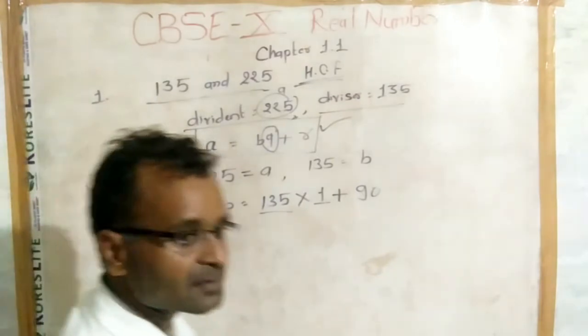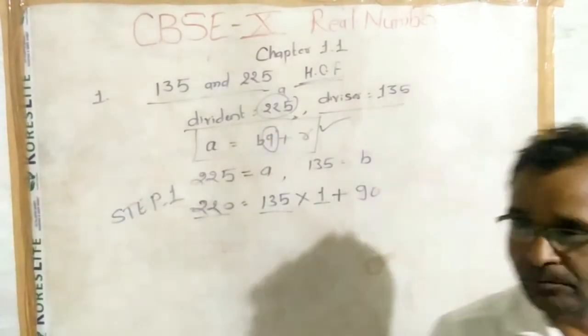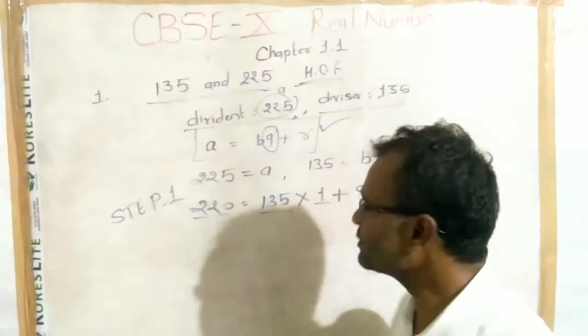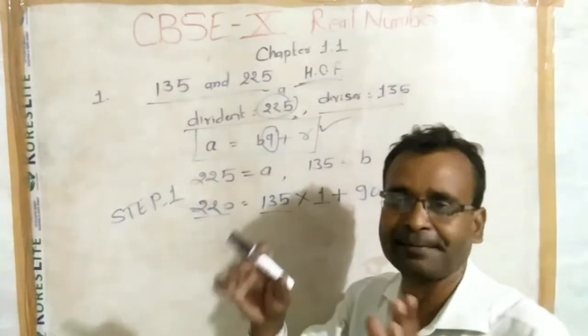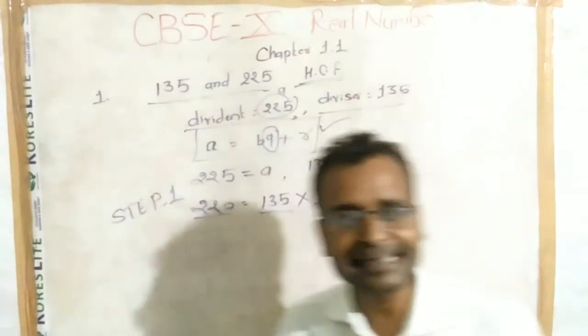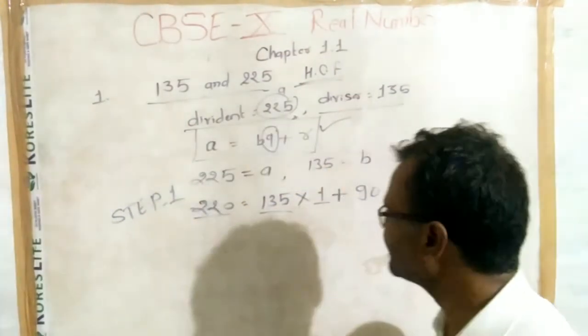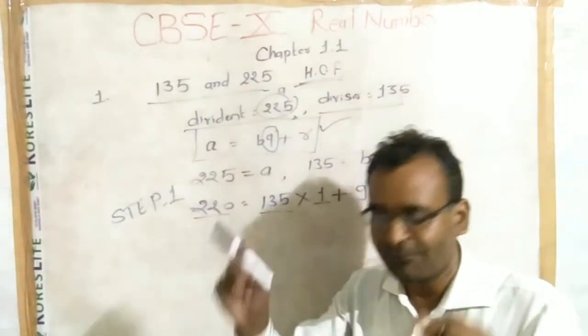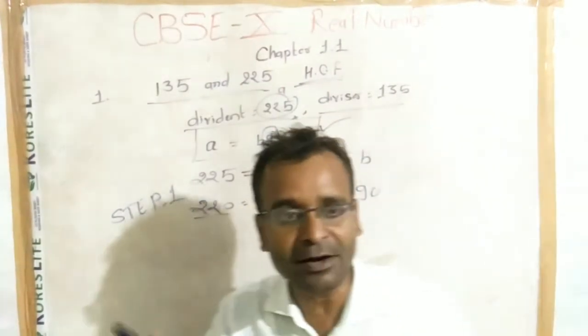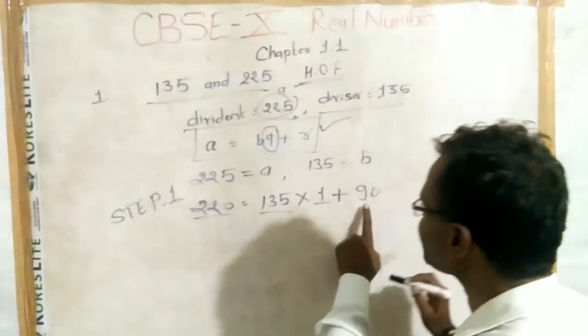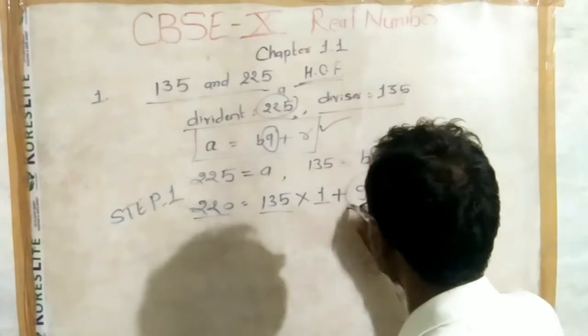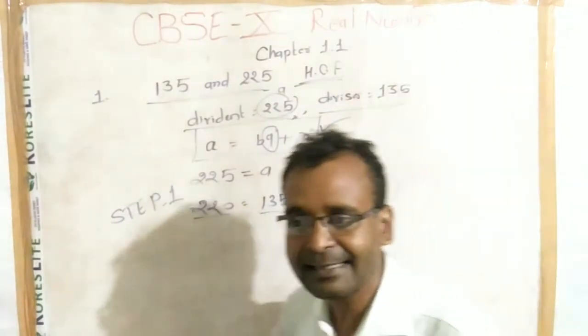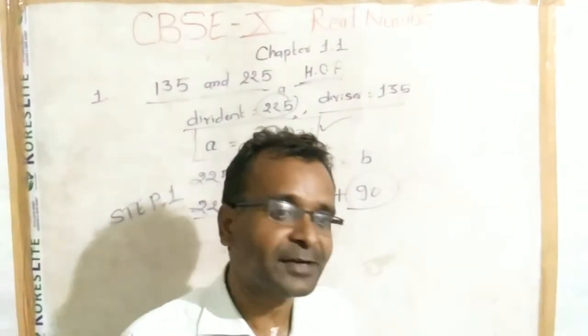You have to repeat this step until you get 0 in place of the remainder.